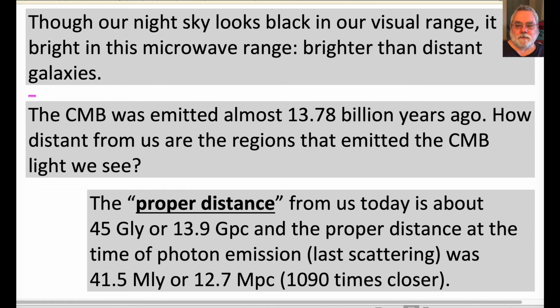The proper distance from us today is about 45 billion light years, or 13.9 gigaparsecs, and the proper distance at the time of photon emission, last scattering, was 41.5 million light years, or 12.7 megaparsecs, 1,090 times closer.